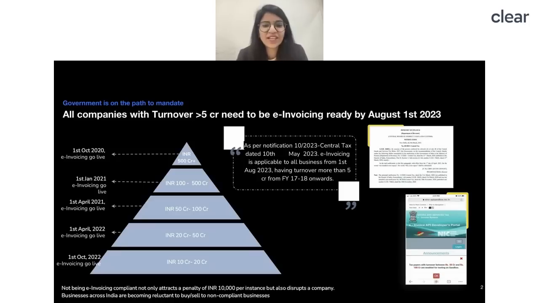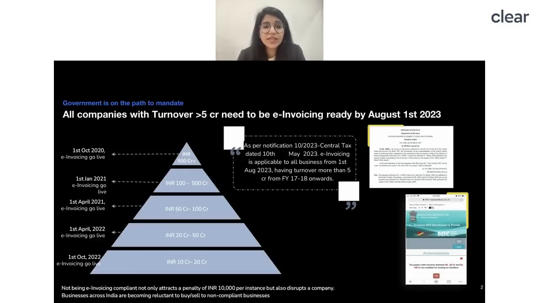Now the question is, is this the final limit? Has the government reduced it further, or is it still the same? Here the government says, wait, I want to reduce it further. So finally, today, from 1st August 2023, if your aggregate turnover is greater than 5 crore, e-invoicing is applicable to you.